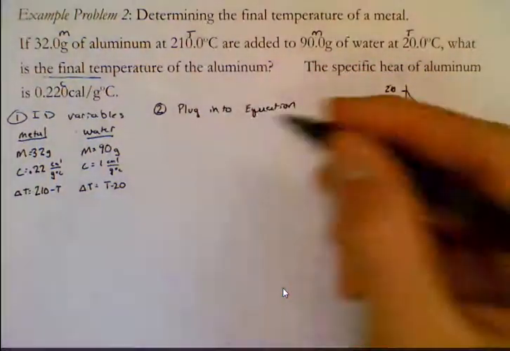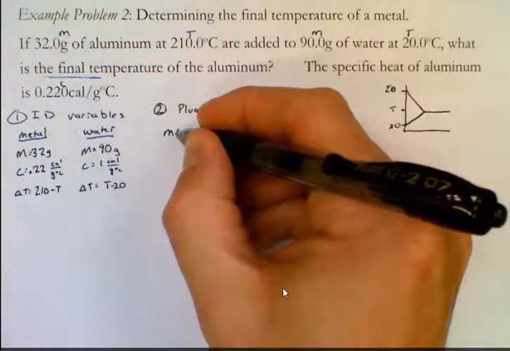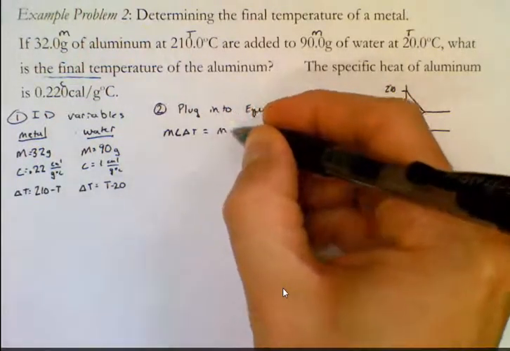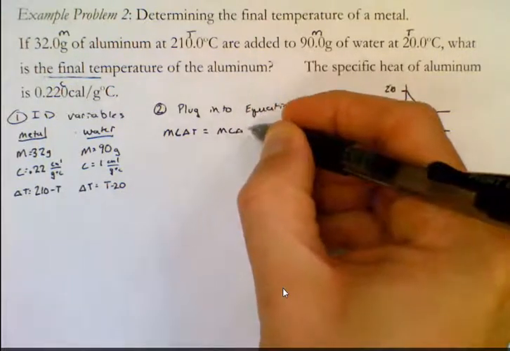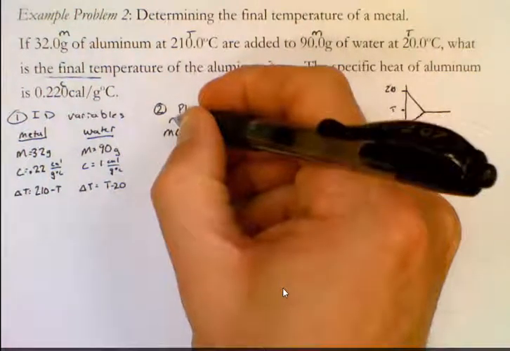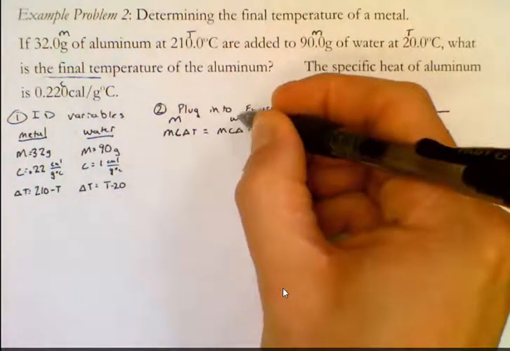I'm going to omit the units to make the work a little bit more clear. If you did use the units though, all the units that would need to cross out will cross out. So mC delta T for the metal and for water.